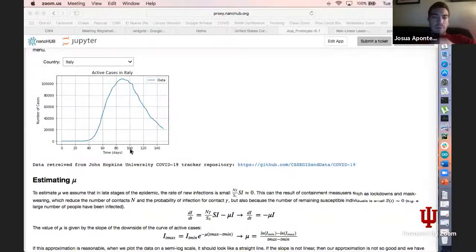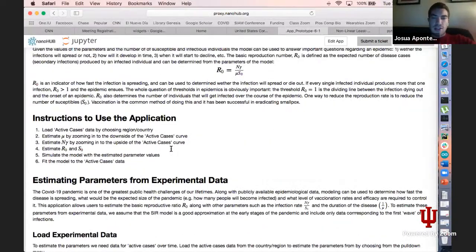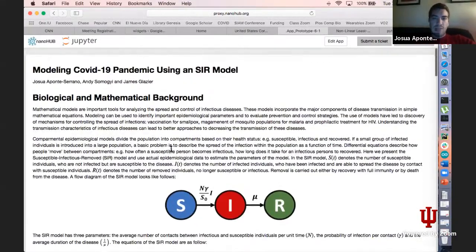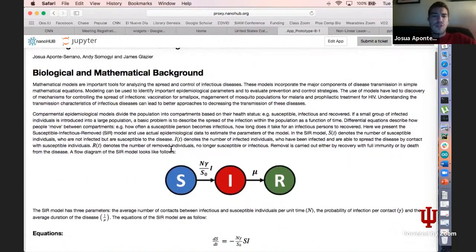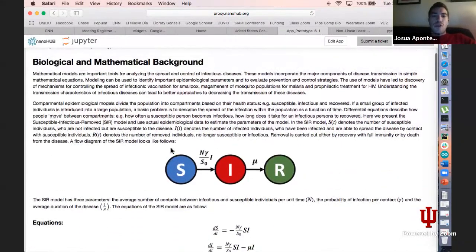So this is the application. You guys have seen this. The idea here is that this is just going to be an educational tool to model the COVID pandemic using an SIR model.